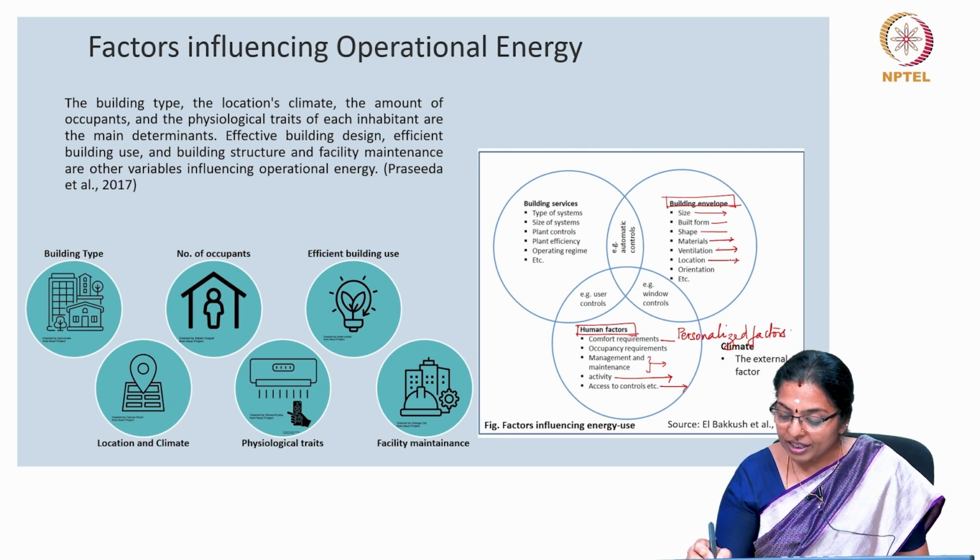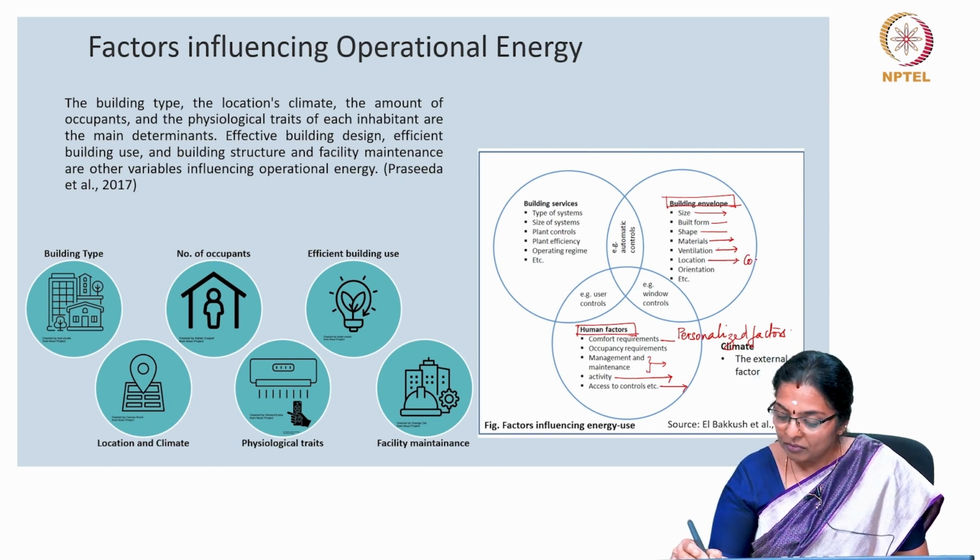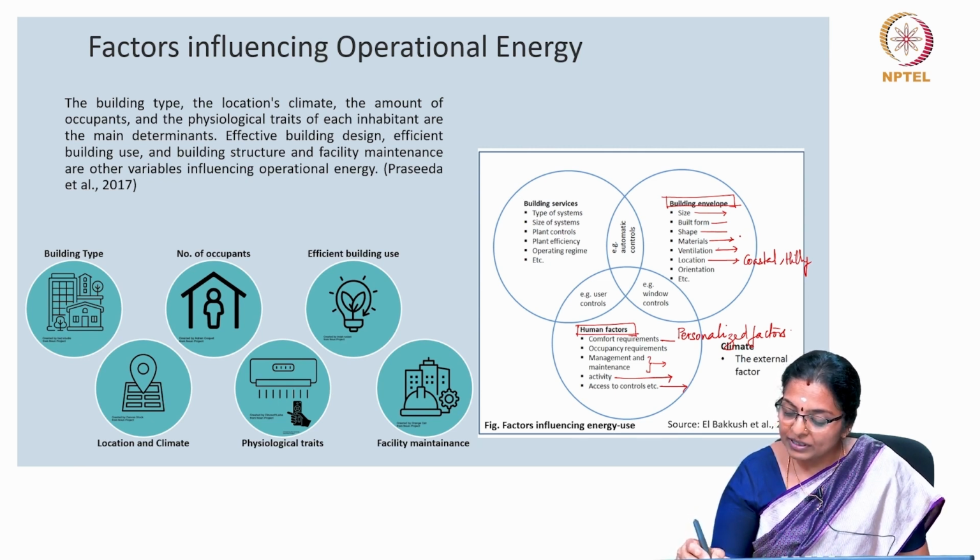Then the location, whether it is on a coastal place, hilly, all these are going to matter. Material, use of say a material with no thermal mass, its thermal mass is less or more. Ventilation, whether there is provision for cross ventilation or it is a completely sealed room.